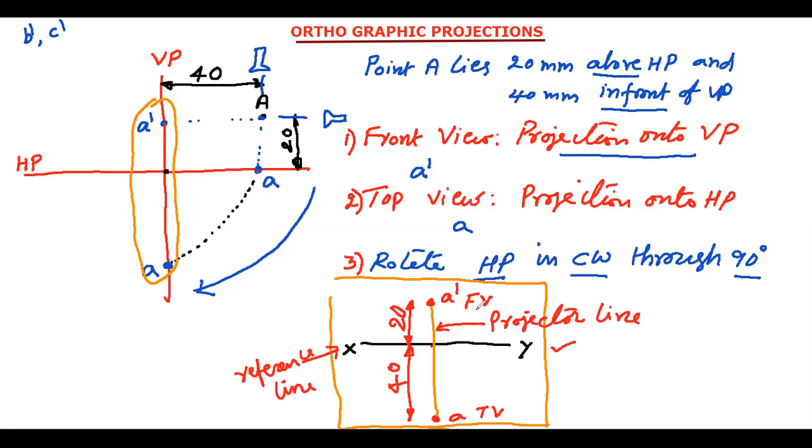So this is what you have to draw. So if you are given a problem that a point lies 20 mm above HP and 40 mm in front of VP, draw the orthographic projections or draw the front view and top view, it means you need to draw only this one. This entire thing is to understand how you are going to get this. Okay, so this is the solution which you have to draw for this problem.